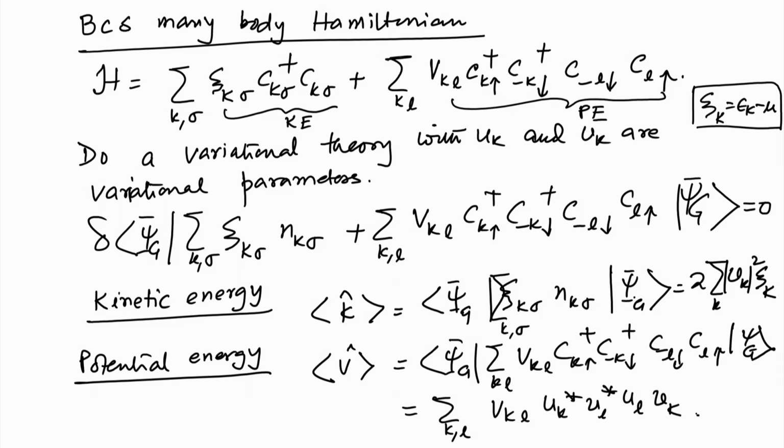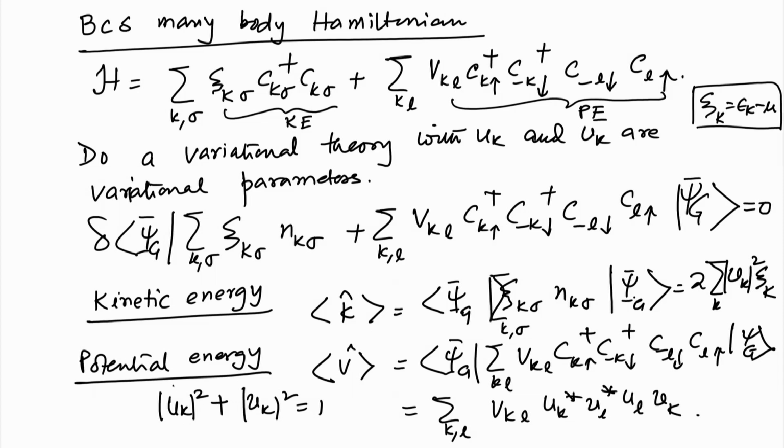So, these are the expectation values of the kinetic energy and the potential energy, with of course the constraint u_k square plus v_k square equal to 1.